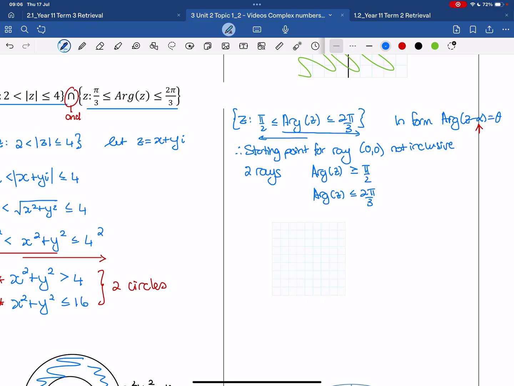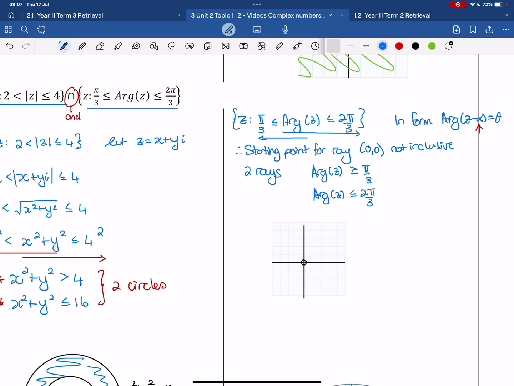All right. So what I've actually got, if I just do a quick little sketch of it, is I have a ray starting at 0, 0 at an angle of pi on 2. Oh, sorry, pi on 3, not pi on 2. I wrote it down wrong. I was thinking it looks a bit funny.